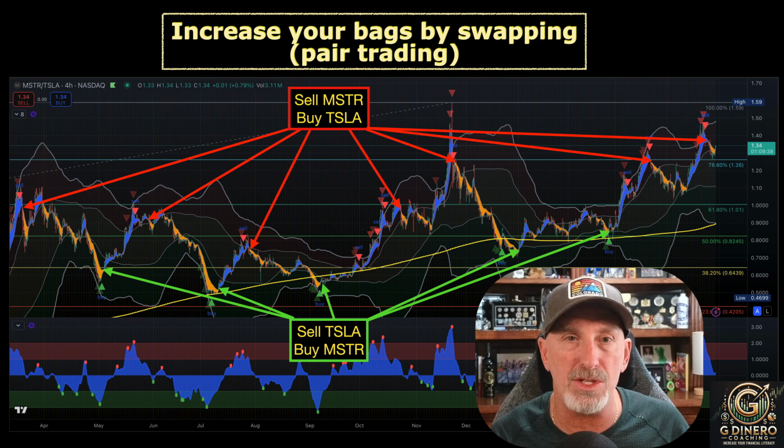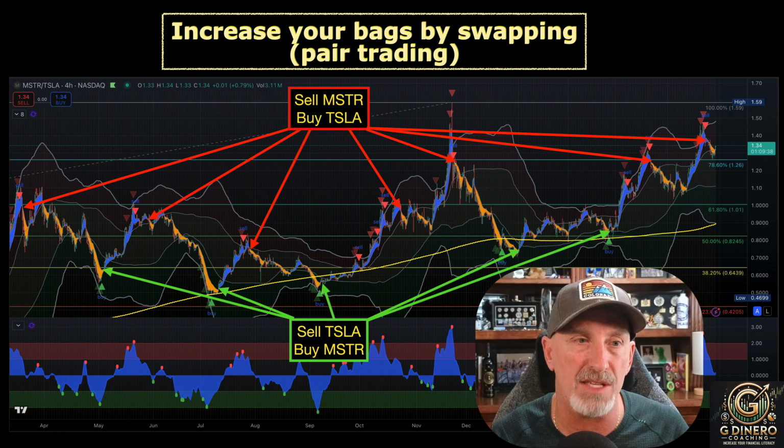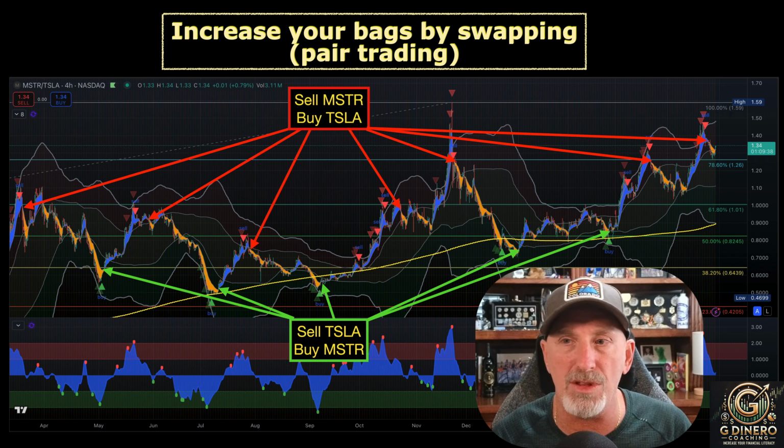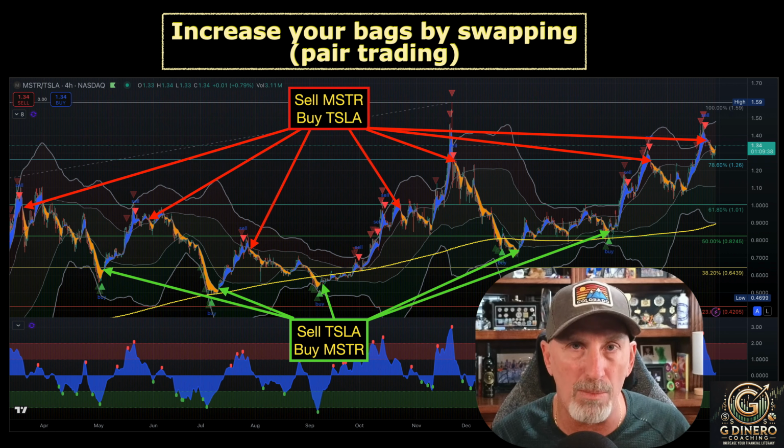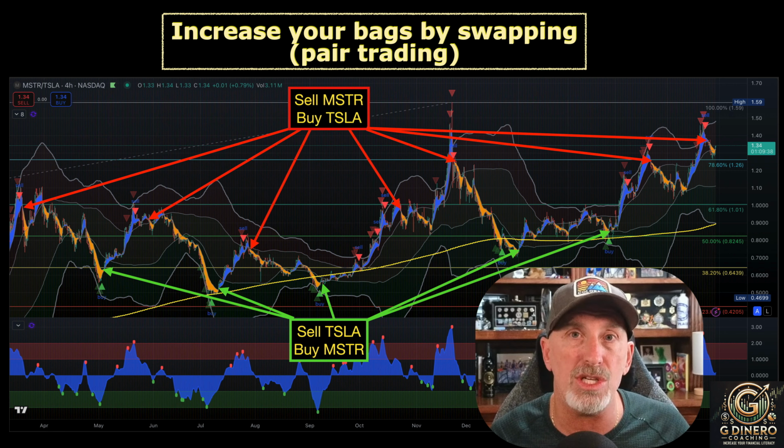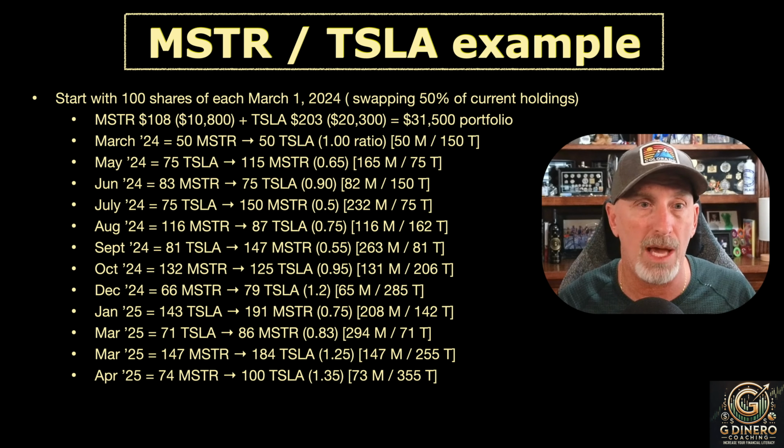You'll see it tells you to swap MicroStrategy for Tesla. If you direct your eyes over to the right-hand side, that was at approximately the 1.00 level. So that's an even swap. For every one MicroStrategy share you sell, you're able to buy one Tesla share, okay?